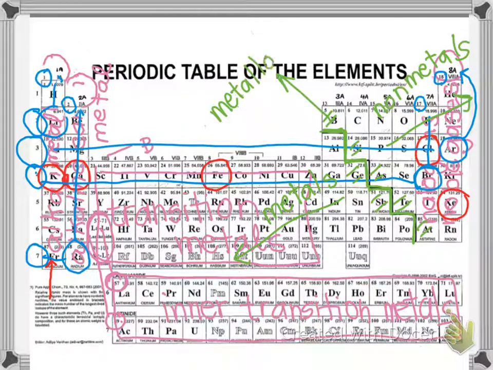Your textbook has a nice colored table that has the metals, nonmetals, and metalloids highlighted in different colors. I do want to mention that hydrogen, even though it is on the metal side of the periodic table, has characteristics of a nonmetal and would be classified as a nonmetal.